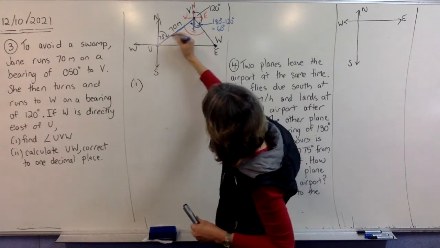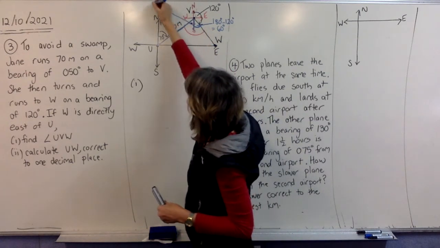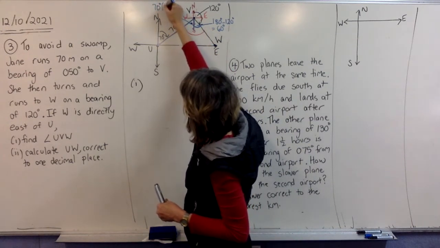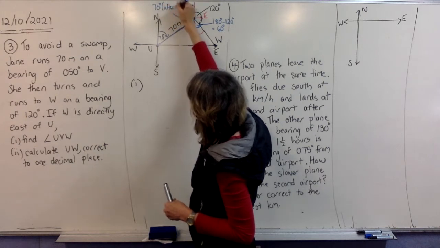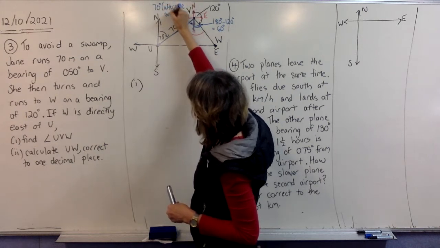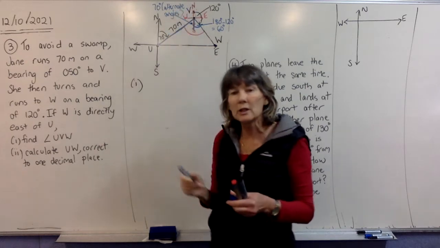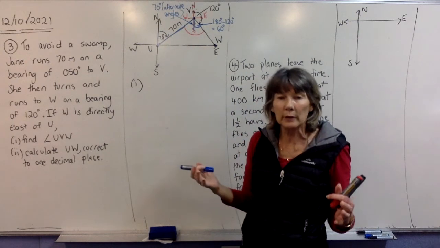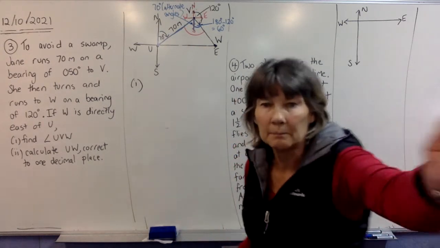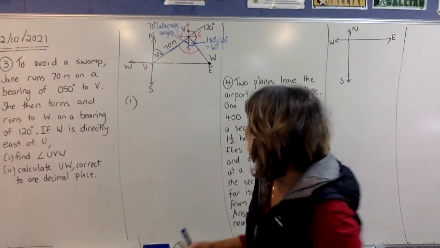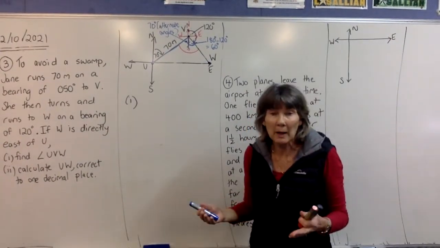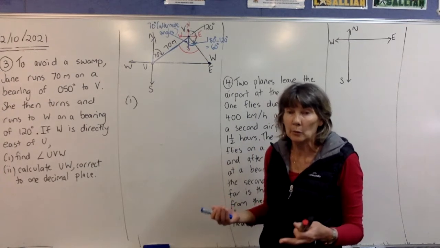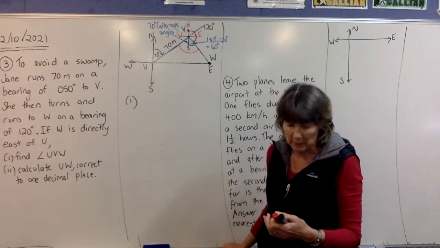So if that's 70, this is 70 due to alternate angles. So all of this actually is working. So if you draw your diagram nice and big and clearly, then that's part of your working. The teacher marking it will be looking at it all to see what you've been doing.